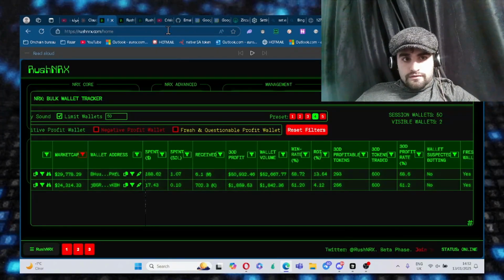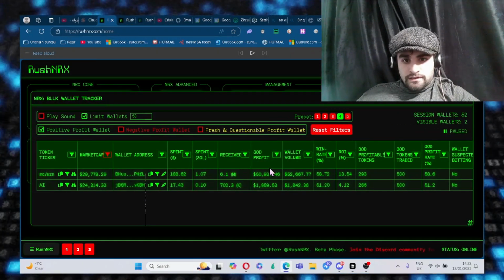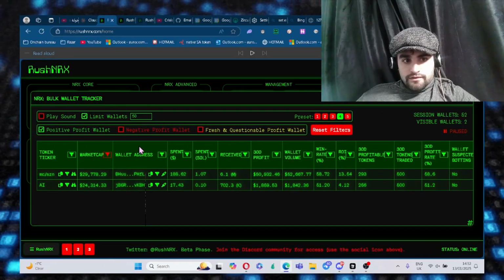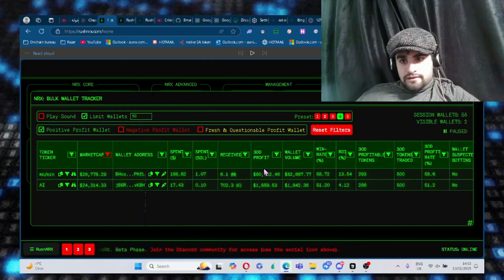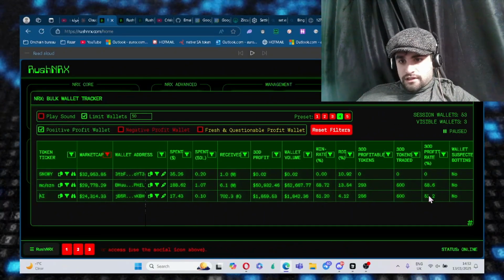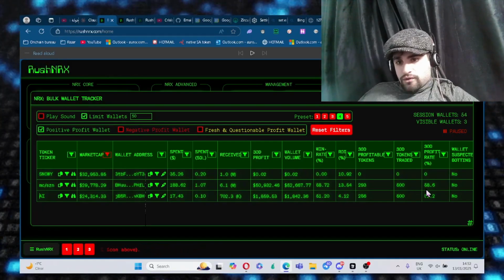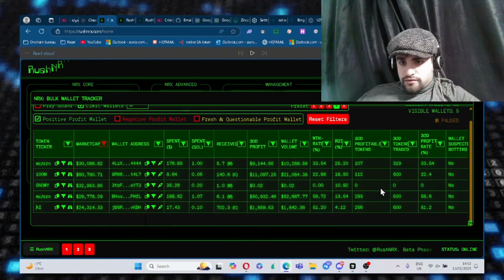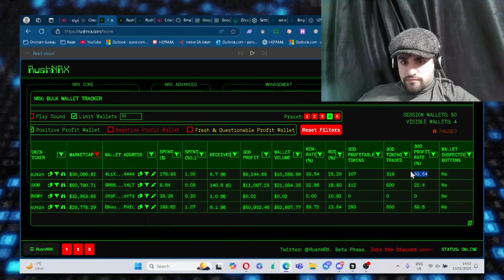For the moment, I don't want to check these ones that have too many tokens traded. Okay, here we go. This one looks better.